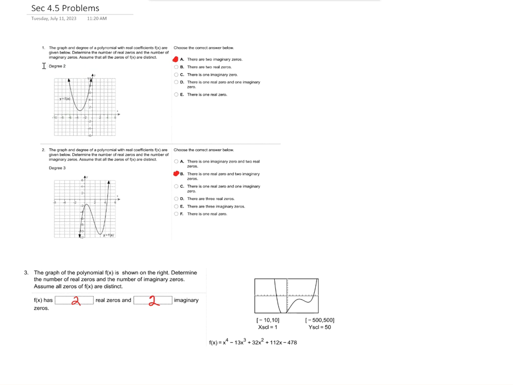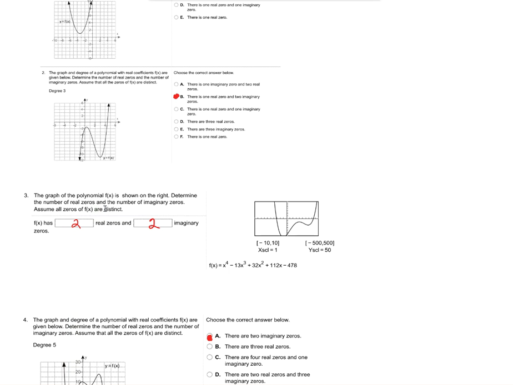No. So that means both of those will have to be imaginary. Number 2 is a degree 3. How many times is it hitting the x-axis? Once. So there should be 1 real and then 2 imaginary. So we choose that. You're looking for the real ones that hit the x-axis, and the others you'll subtract from the total degree.